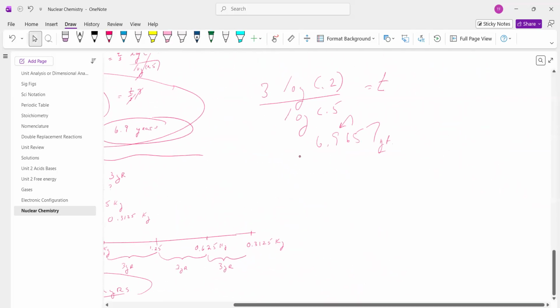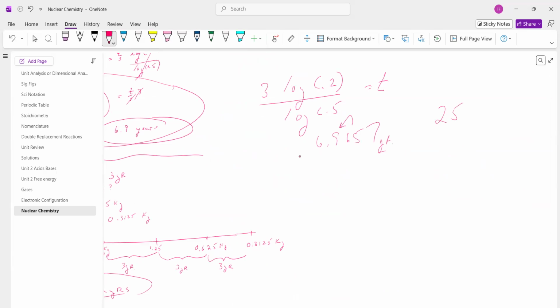Let's look at 25. 25 is 5 squared, right? If you look up 5 squared, you already know it's 25. But if we did 2 times the log of 5, what would that be?